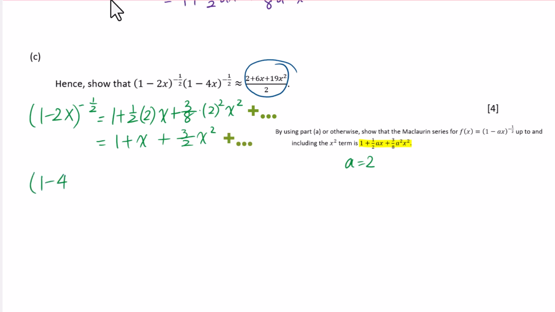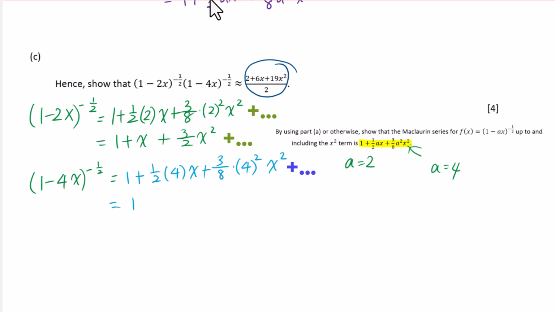Let's work out 1 minus 4x to the power of negative 1/2. Let's make a equals 4. So we get 1 plus 1 over 2 times 4x plus 3 over 8 times 4 squared x squared, which equals 1 plus 2x plus 6x squared.